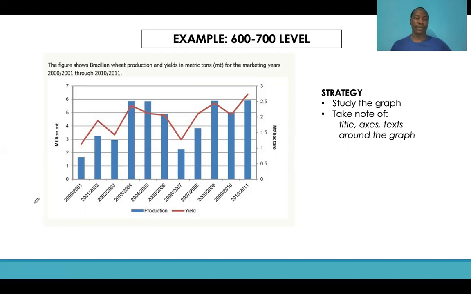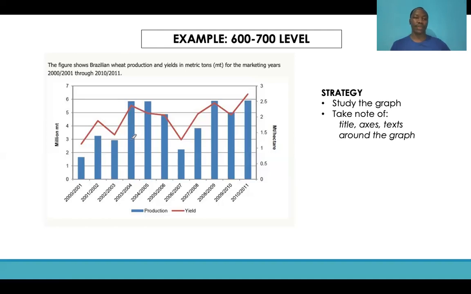On our slide, we have an example of a graphics interpretation question. The strategy to employ, as usual, is to first of all study the graph. You can skim through the entire question so that you know how much time you would end up spending tackling it. That will help you plan yourself well. Don't end up in a situation where you are wasting time.